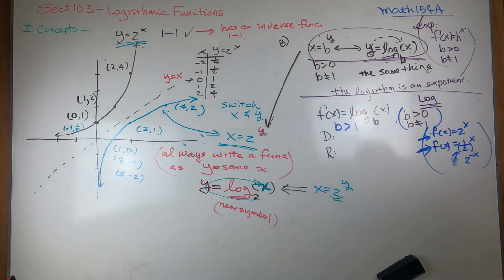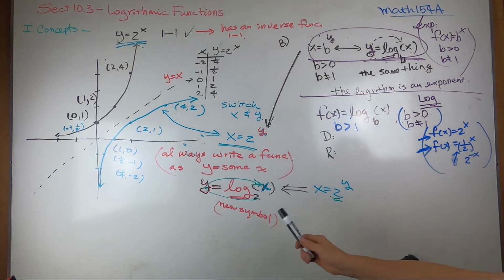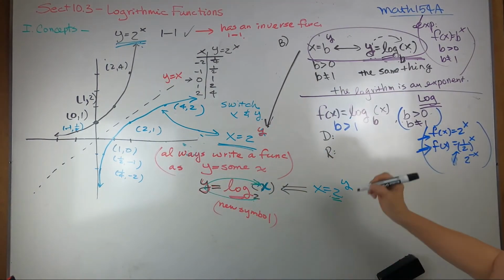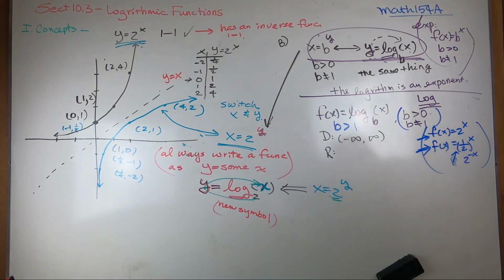To talk about what the domain and range are, as far as we can see. So what's your domain? Negative infinity to infinity, right?